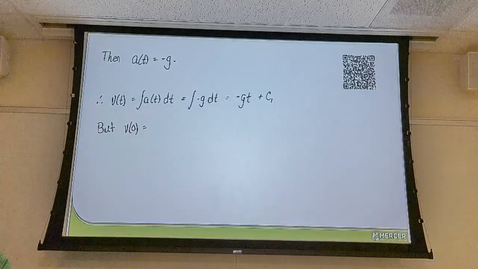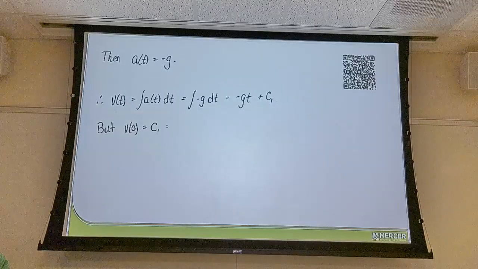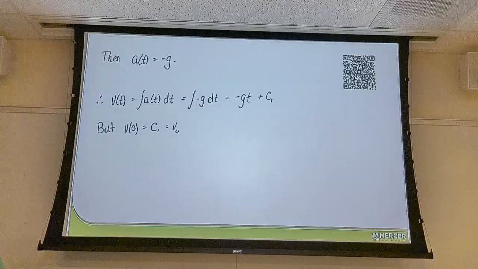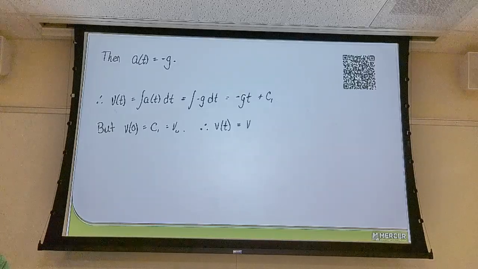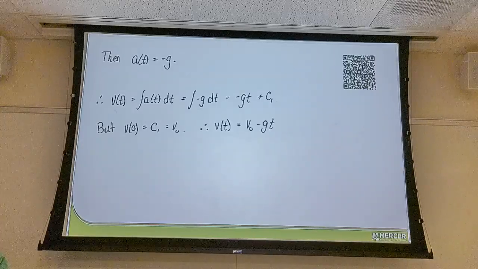But what is v of 0 of the function? C1. Therefore, the velocity is described as v naught minus gt.